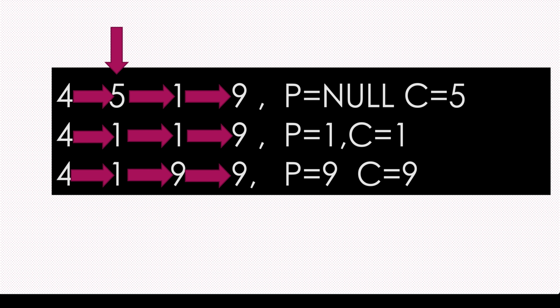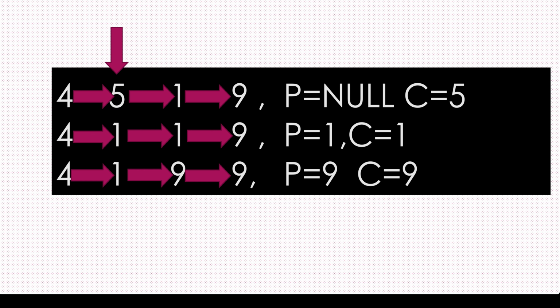Let's try to understand the problem. This is the same example that I've taken from LeetCode. Given the node 5, we need to delete the node 5 here. You can see I have also written p equal to null, that is the previous pointer equal to null, and the current pointer is 5.